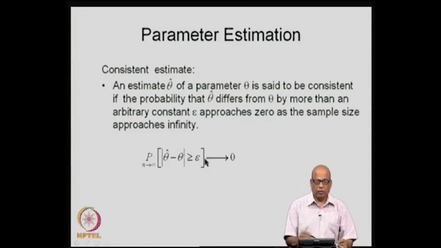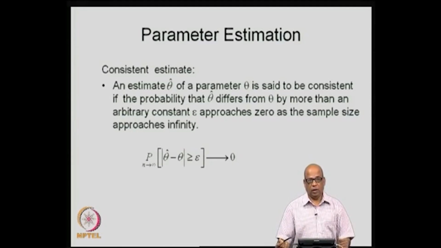So, as the sample size increases, if this probability starts becoming closer to 0, then it is called a consistent estimate. However, in certain situations it may happen that as your sample size increases, these probabilities fluctuate around 0, not necessarily approaching 0. Sometimes they approach 0, sometimes they go away from 0, and they will become inconsistent estimates.